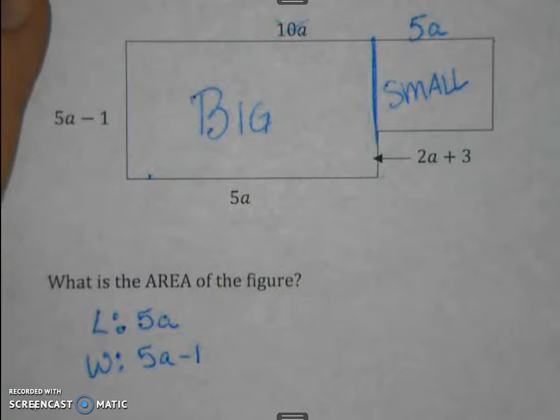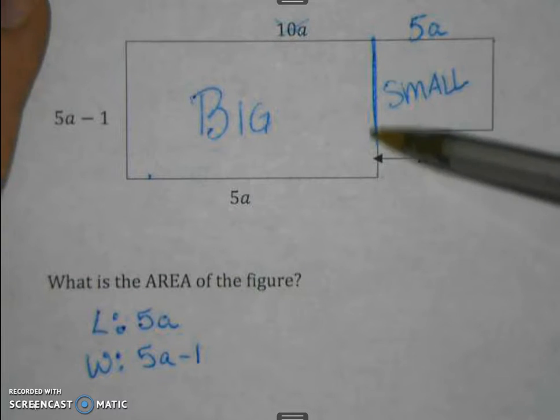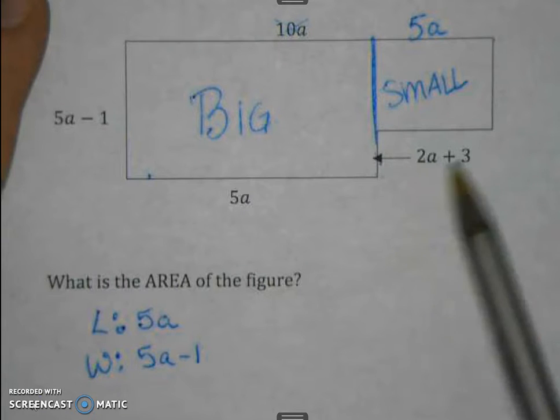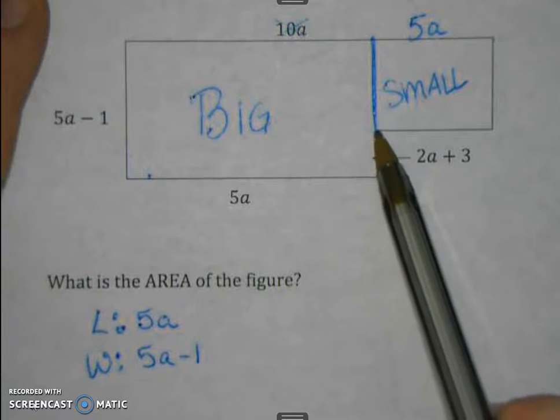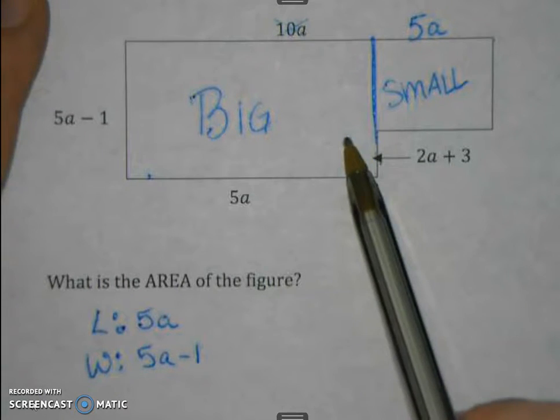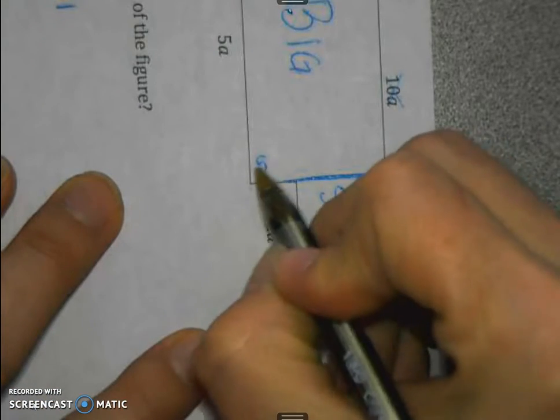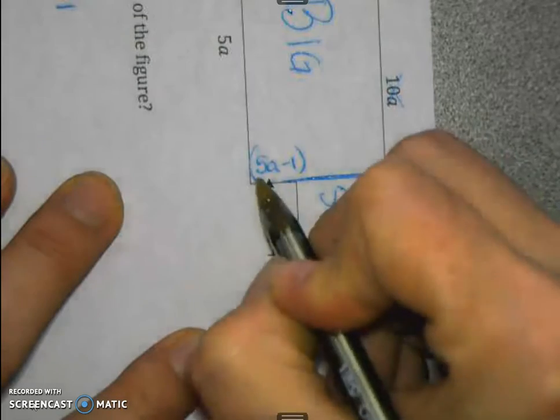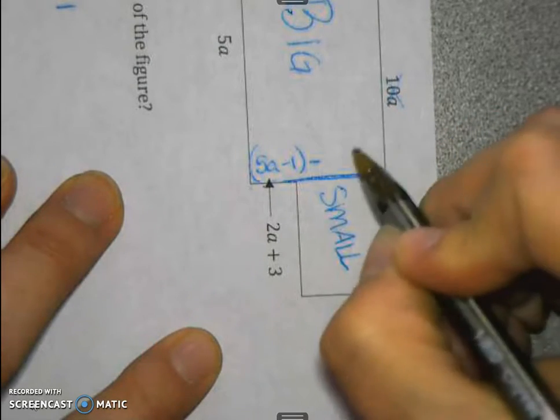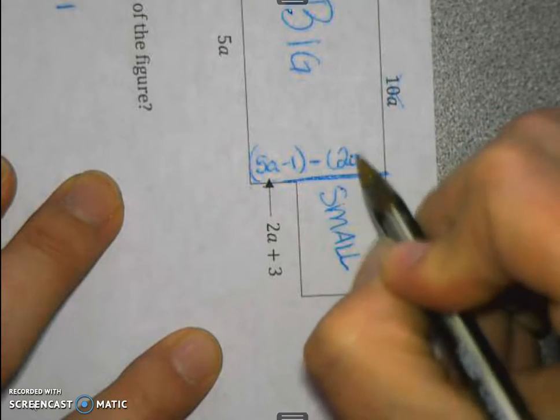Now if you look over here, the big rectangle is 5A minus 1, but we want to remove this part. So I'm going to turn my paper and write right here. I want to do 5A minus 1 subtract 2A plus 3.